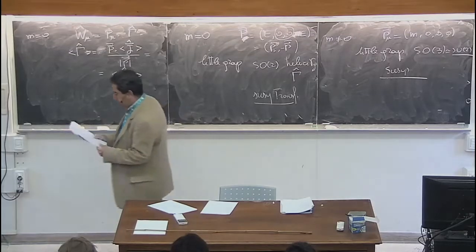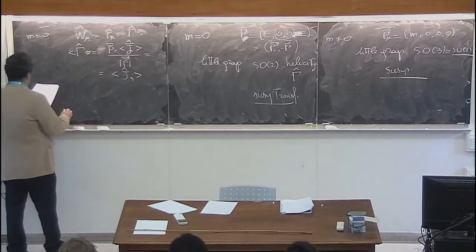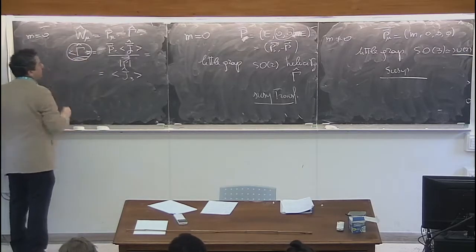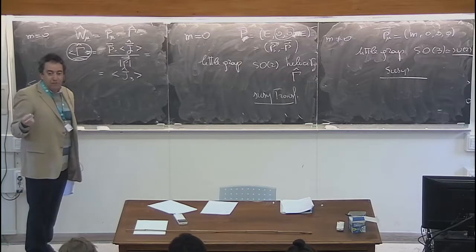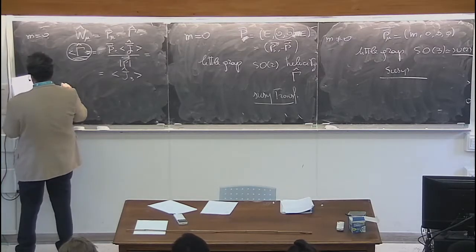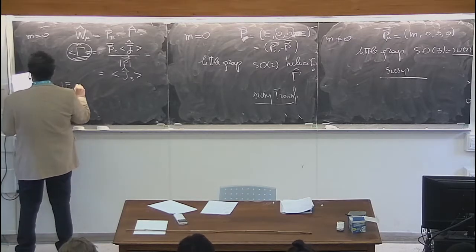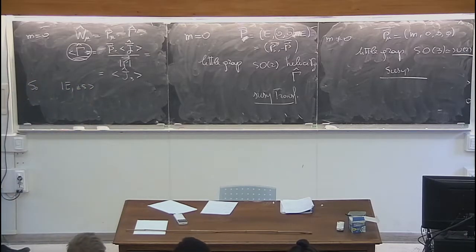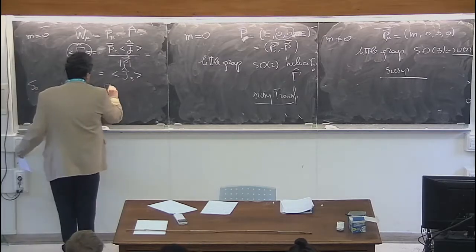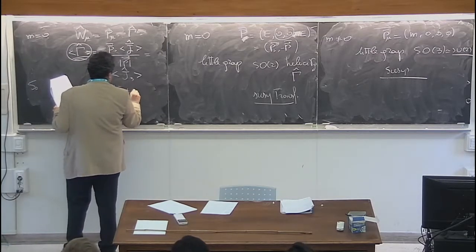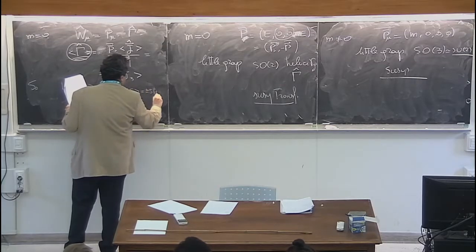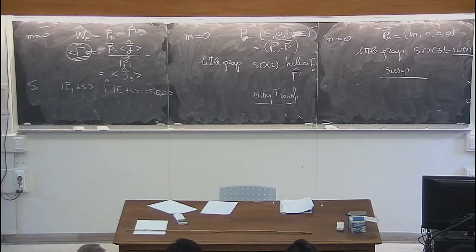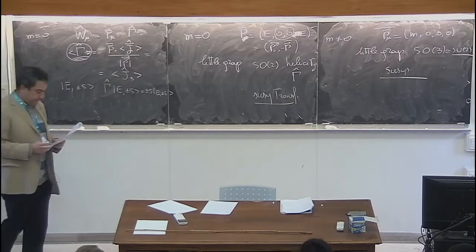So states in S0 are eigenstates of the helicity generator gamma. In particular, we can write those states as E, plus or minus S, where gamma on E plus or minus S is equal to plus or minus S times E plus or minus S, where S is the helicity of the state.